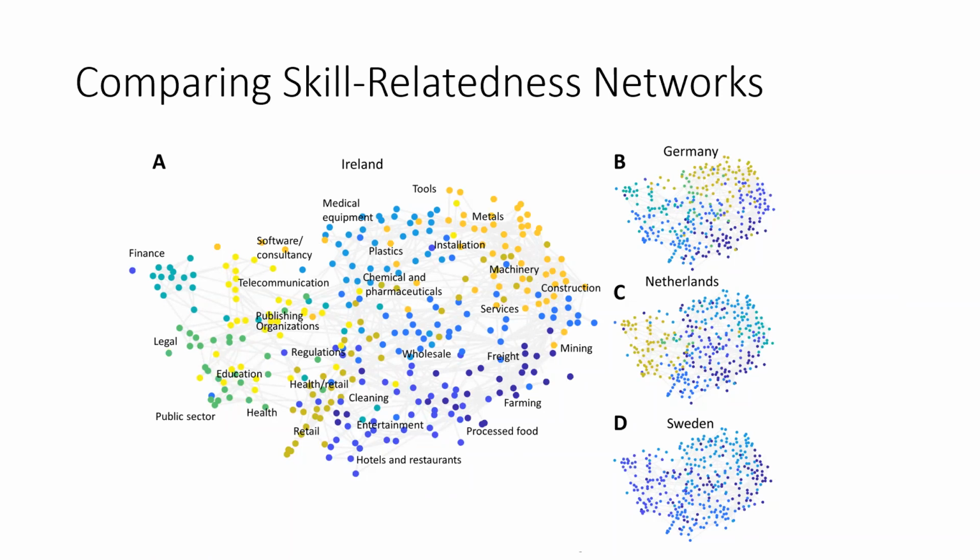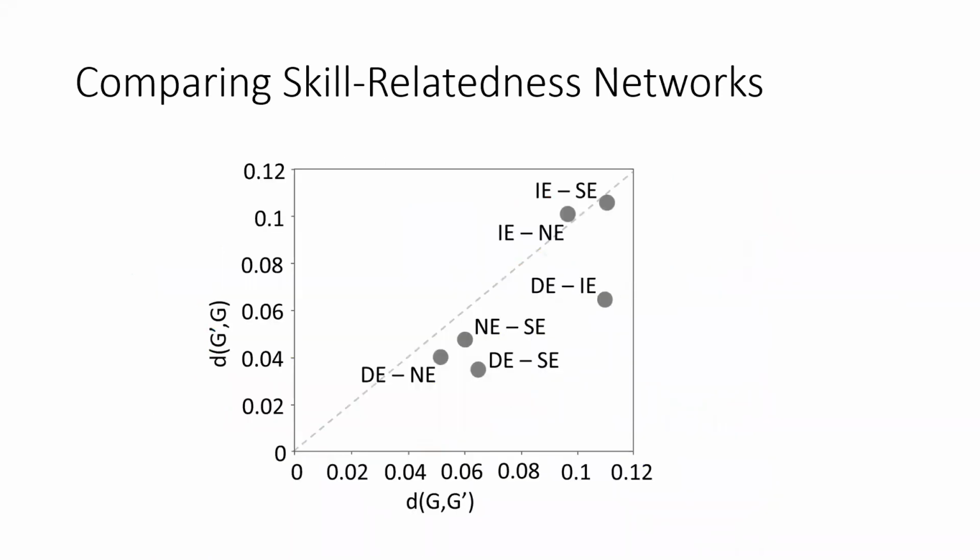If we see how our distance measure performs, looking here at the scatter plot, we can see that for the pairwise comparisons of Germany, the Netherlands, and Sweden, we get a low distance. In a sense, we can see that the modular structure of these countries is very, very similar.